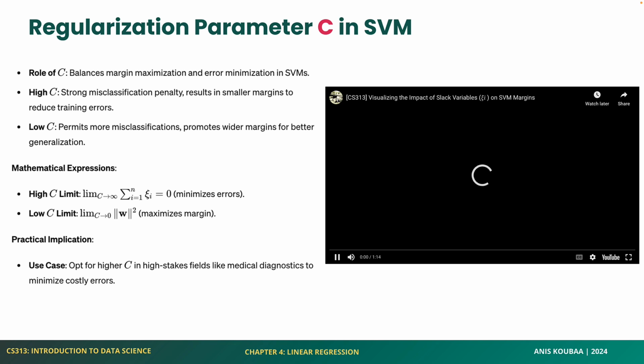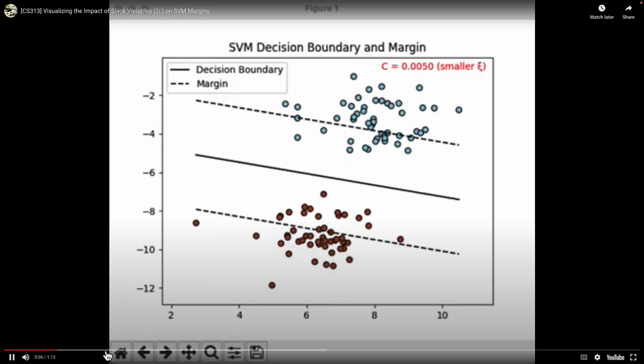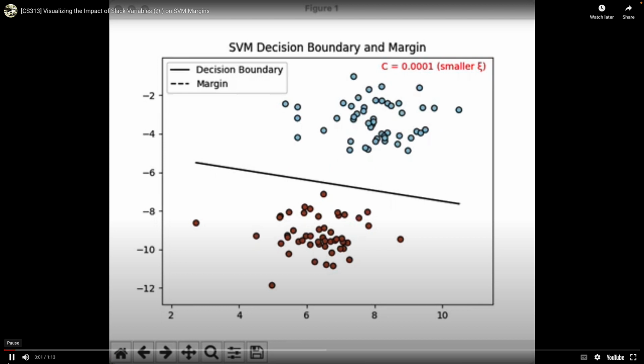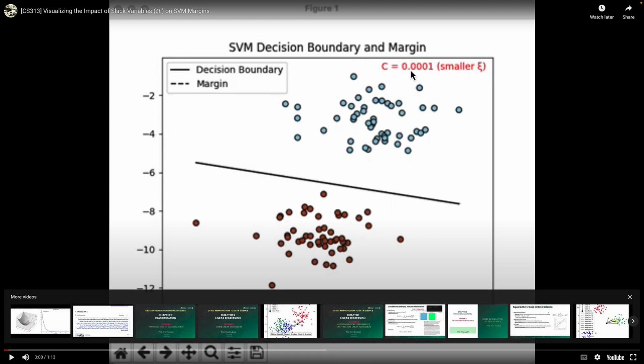So look at the effect of the regularization term. Let's see this video to understand. This is a Python script that will show you the margins for different C values. Look, let me start from the beginning. The first value is something very, very close to 0.